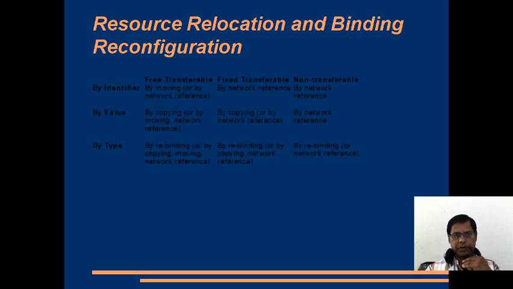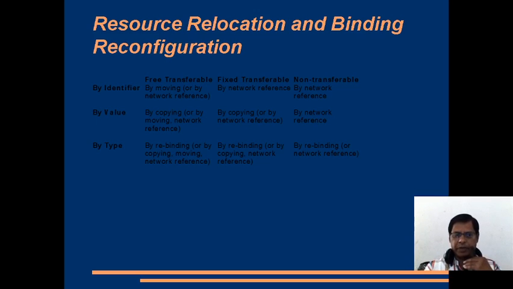So you can see the resource relocation by identifier, by value, by type. What about free transferable, fixed transferable, and non-transferable? For free transferable, by identifier, it is by moving or by network reference. Just now we studied this, and it is given in tabular form here.